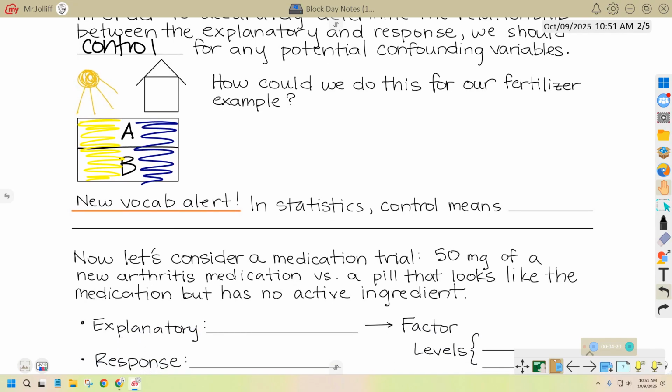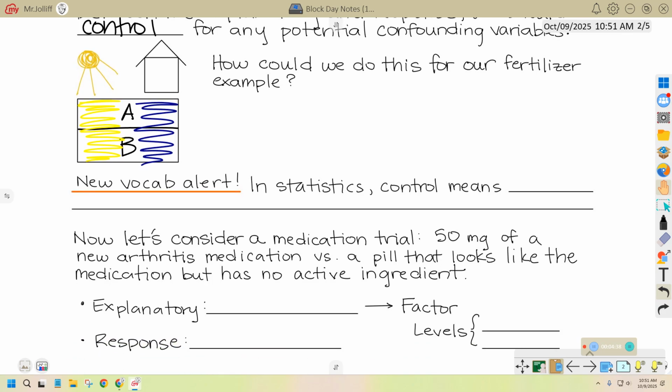So in statistics, control means that I am keeping all of the other variables in the study other than the explanatory the same for all of the treatment groups.